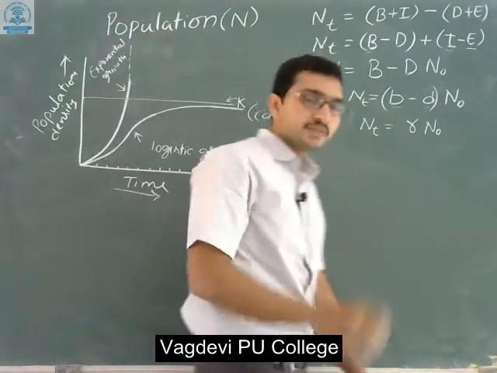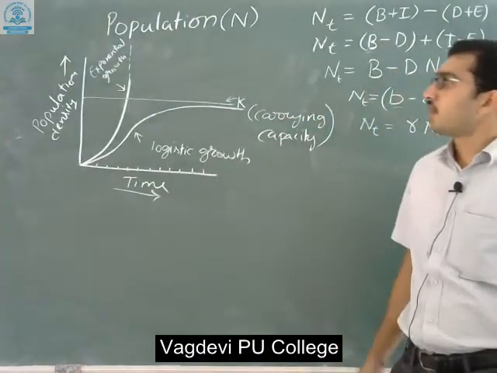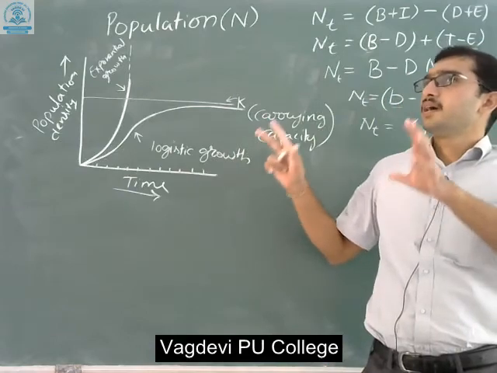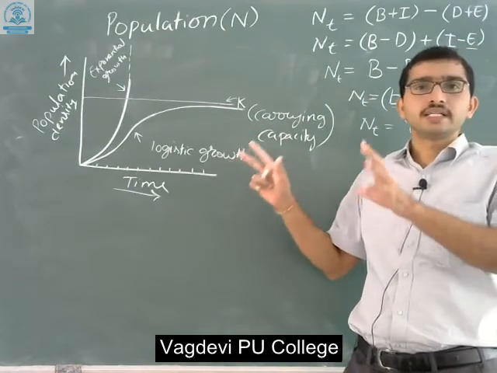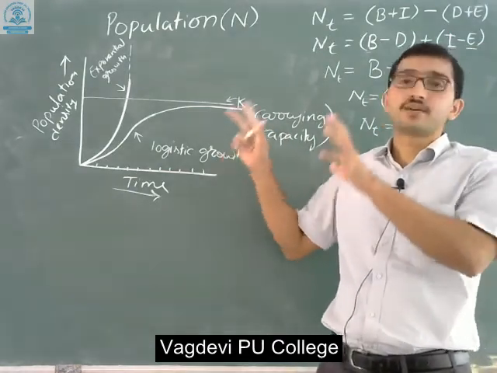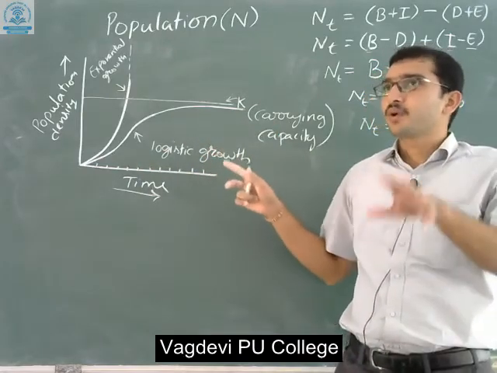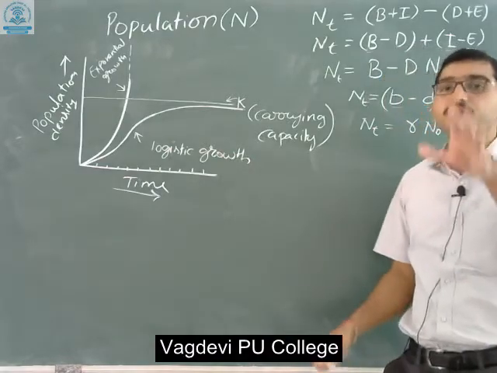Now, let's see how a population grows with sufficient food and resources versus a population growing under limited resources.